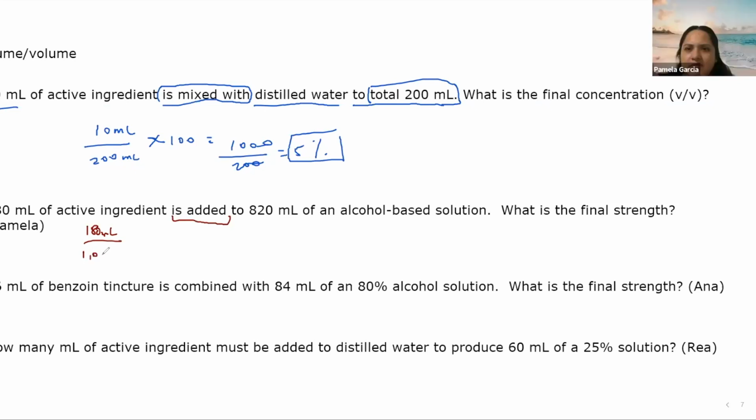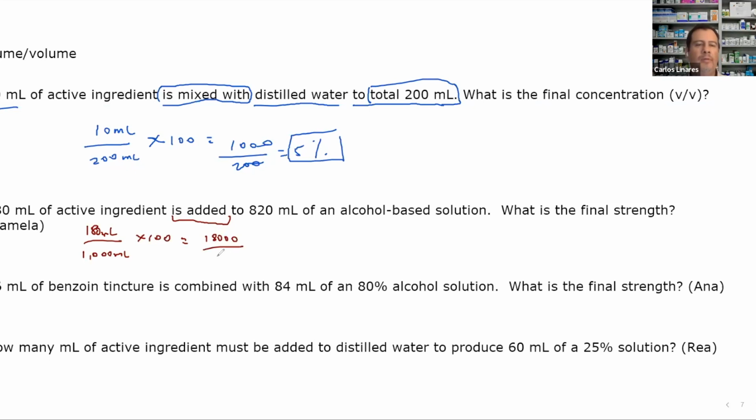You add them, 820 plus the 180 times 100 gives you 18,000 over 1,000. We can get rid of these three zeros, these three zeros, and this equals 18%.